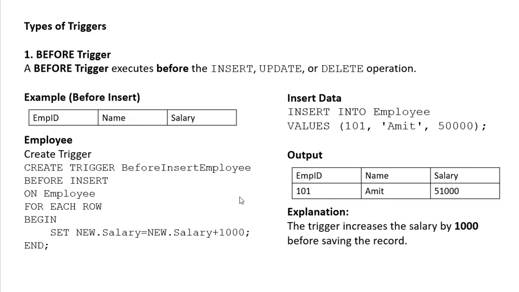So 50,000 plus 1000 gives 51,000 as the salary. The explanation is that the trigger increases the salary by 1000 before saving the record.